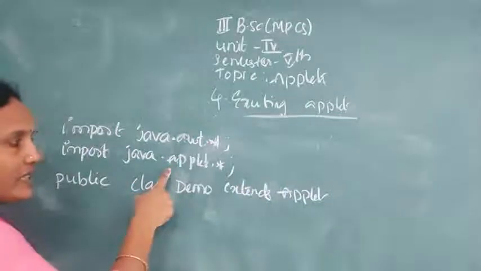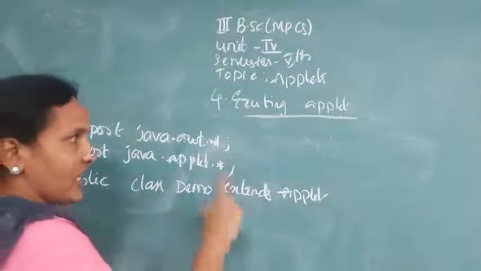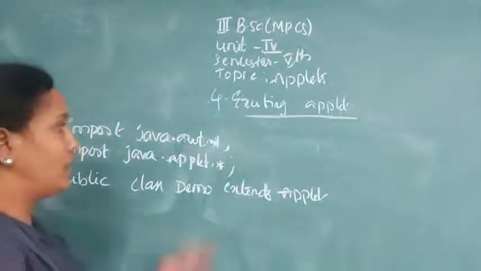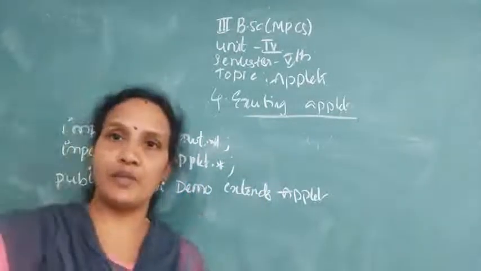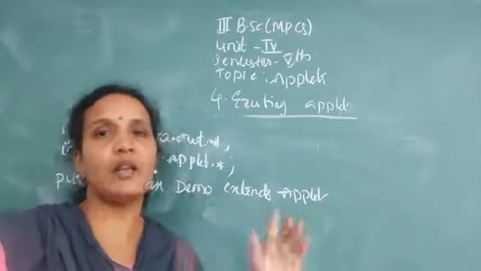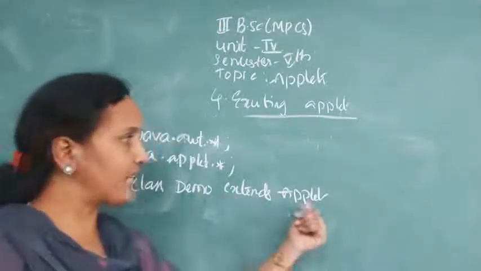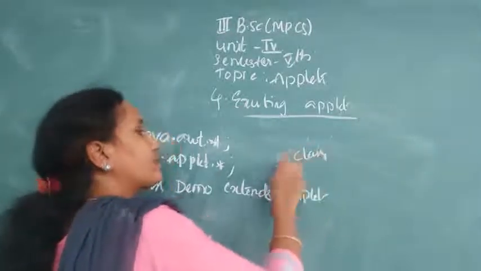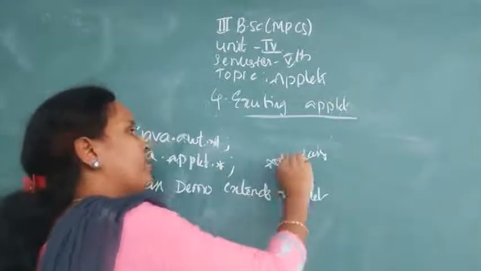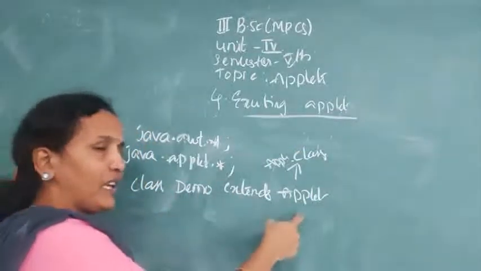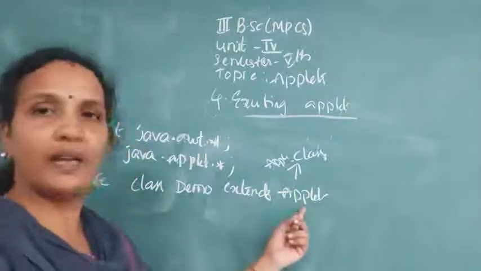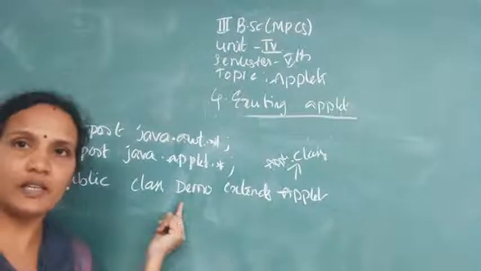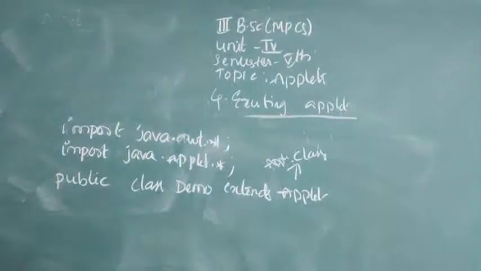Here lowercase is a package, and uppercase is a class. Always write package names in lowercase and class names in uppercase. Here extends Applet means it is an applet class. Demo is extending the Applet class, meaning whatever methods are there in the Applet class are used by the Demo class. Understood?